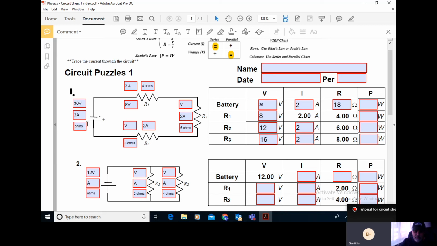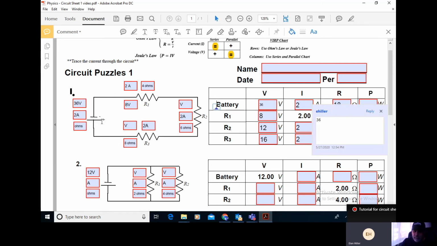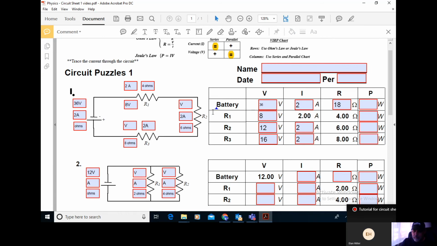The positive side is 36 volts, and 0 volts on the negative side, okay? And as we go across, resistor 3 was 16 volts, resistor 2 was 12 volts, and resistor 1 was 8 volts.